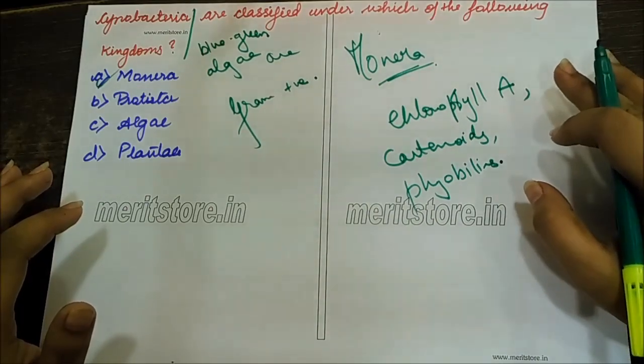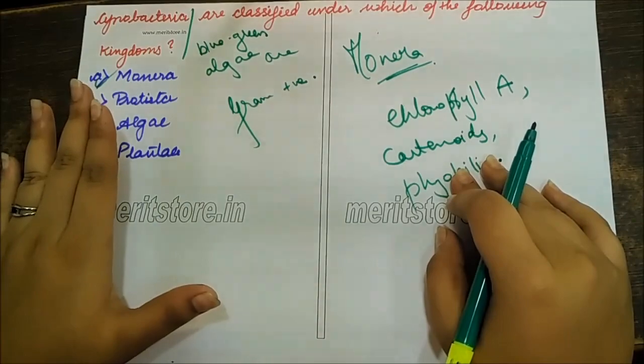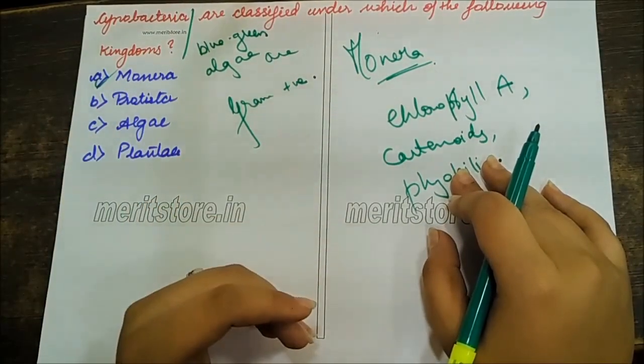Cyanobacterial cell structure is typically prokaryotic.